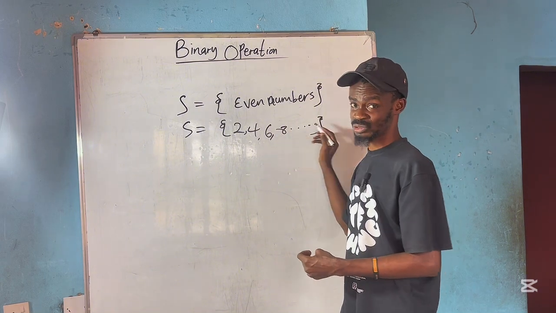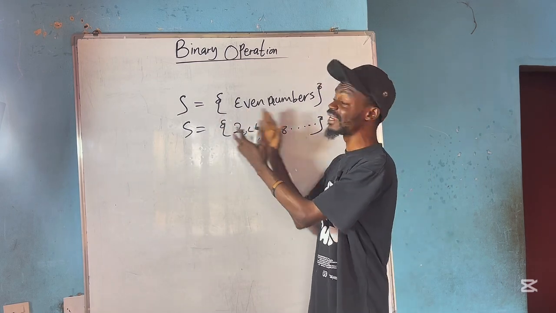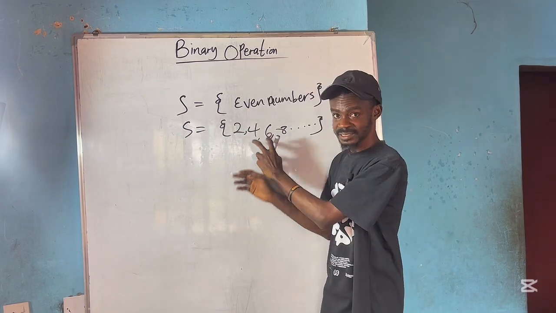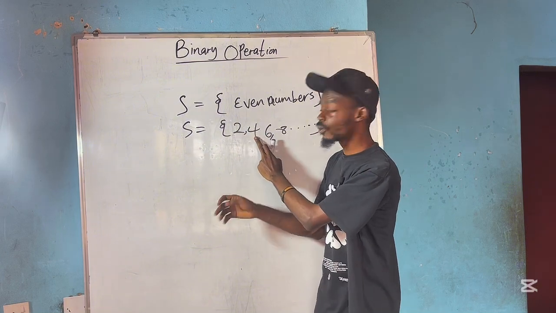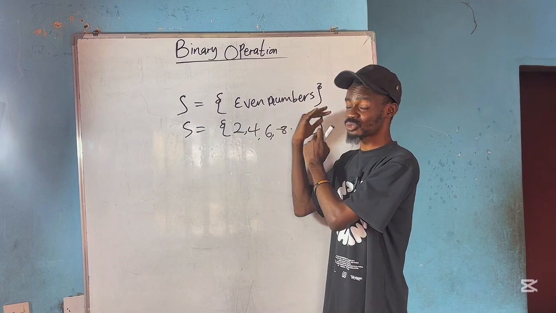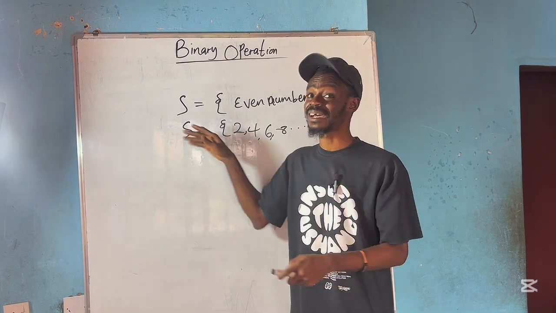There is no ending to these even numbers. So assuming that we have a set like this, it is a non-empty set because there are elements in the set. 2 is an element, 4 is an element, 6 is an element, 8 is an element, 10, and so on. So this is a non-empty set, meaning that the set is not empty, it has members.